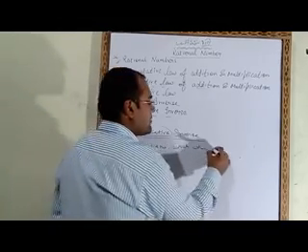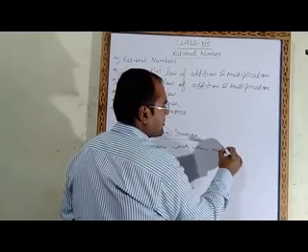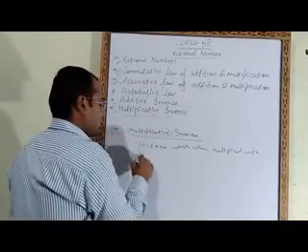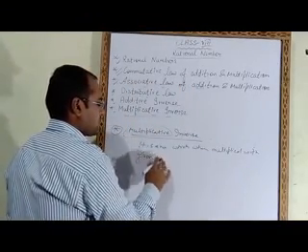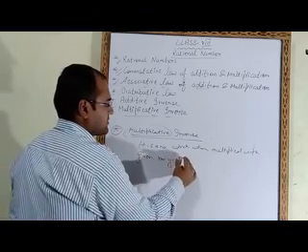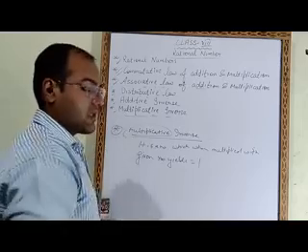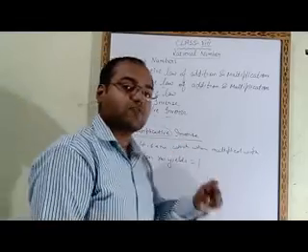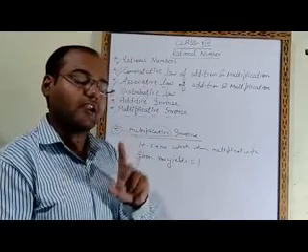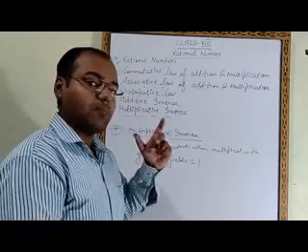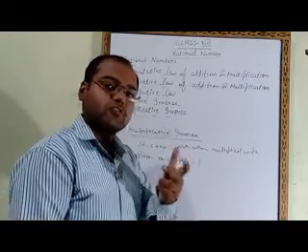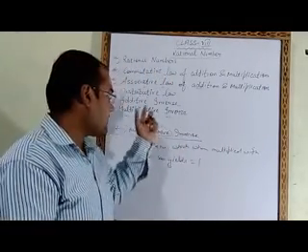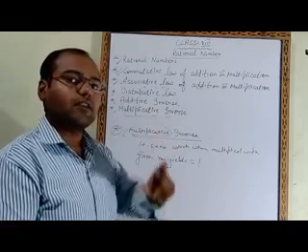So it is a number which when multiplied with the given number yields 1. Here the product of the given number and multiplicative inverse will be equal to 1. 0 will not be there. In additive inverse, the sum of the given number and additive inverse will be 0, but in multiplicative inverse the product of the given number and multiplicative inverse will be equal to 1.